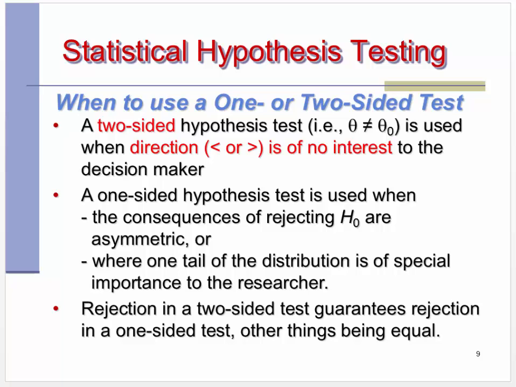A one-sided hypothesis test is used when the consequences of rejecting null are asymmetric, or when one-tailed distribution is of special importance to the researcher. But keep in mind, the rejection in a two-sided test guarantees rejection in a one-sided test, other things being equal. Okay?